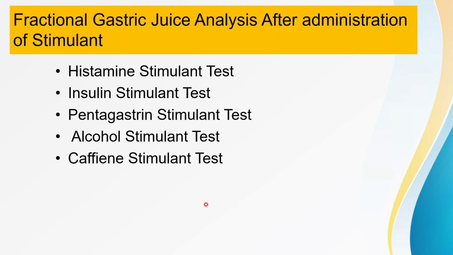So in these cases, if the patient has had a surgery like vagotomy with the duodenal ulcer, we can differentiate clearly hypochlorhydria from achlorhydria. So in all these cases, we can give a very good interpretation with this stimulant test.